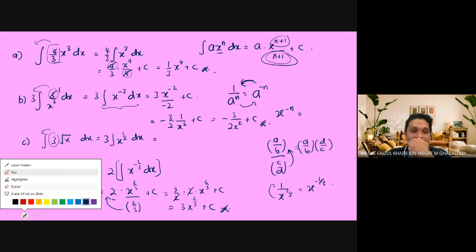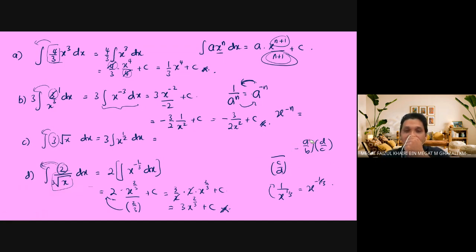Integration is a process of antiderivative, the opposite of derivative or differentiation.